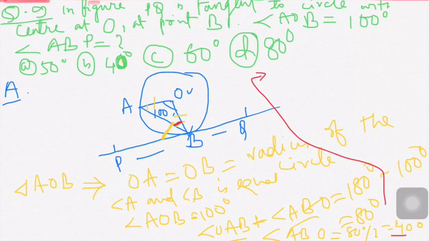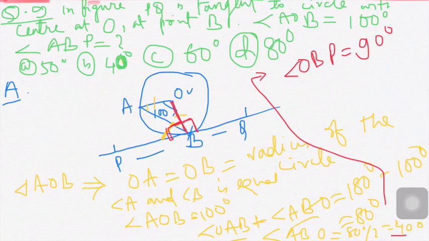Now we know that angle OBP equals how much? 90 degree, because any line on this tangent would be of 90 degree. Hence we can write this as 90 degree.